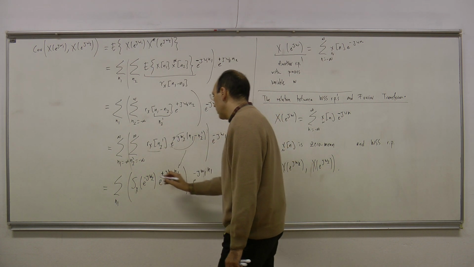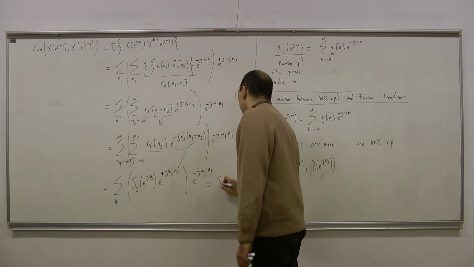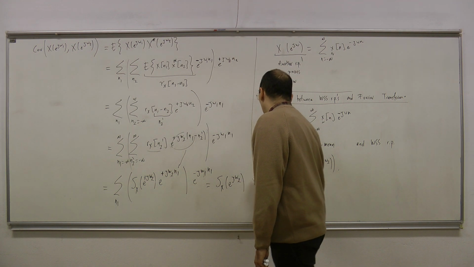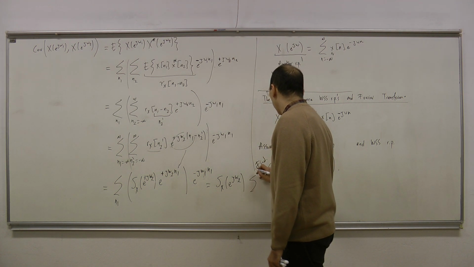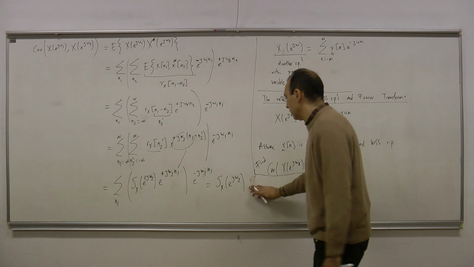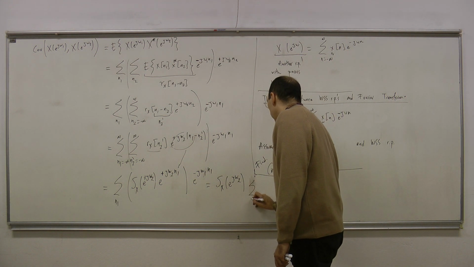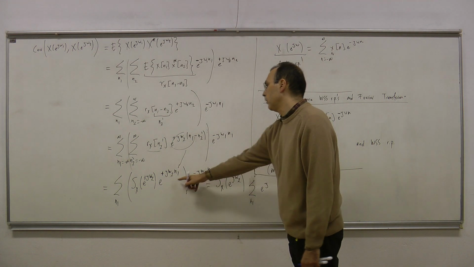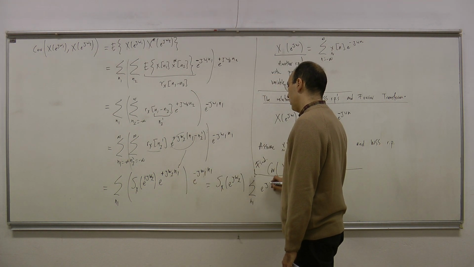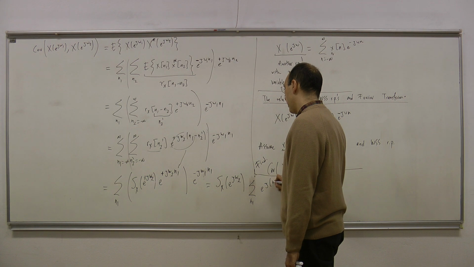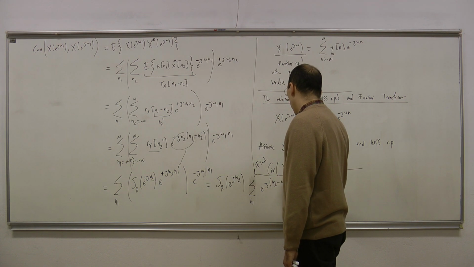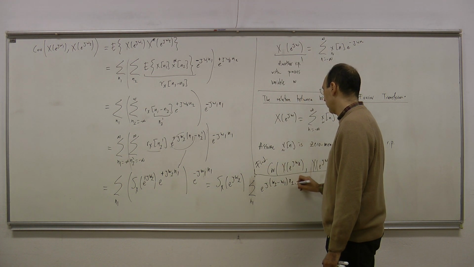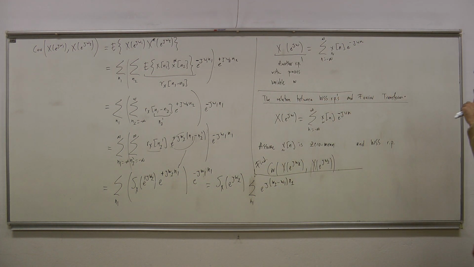Now, this is plus Sx e to the j omega 2. Now I have the summation. Sorry. N1 e to the j, let me see, omega 2 minus omega 1 n1. Okay.